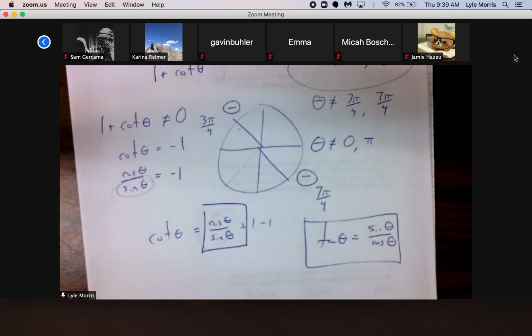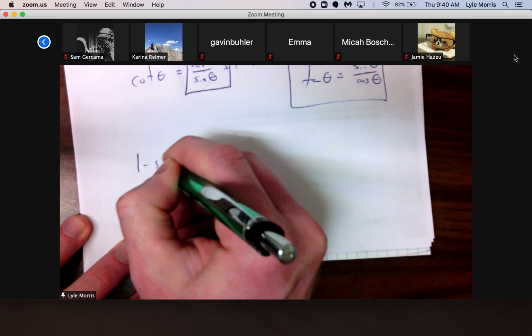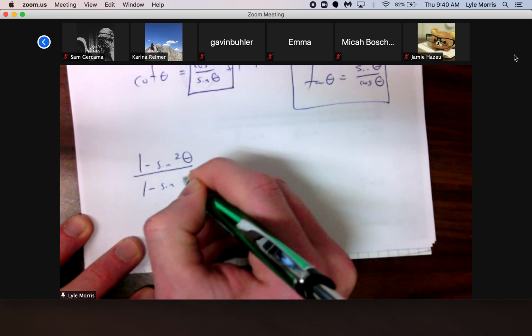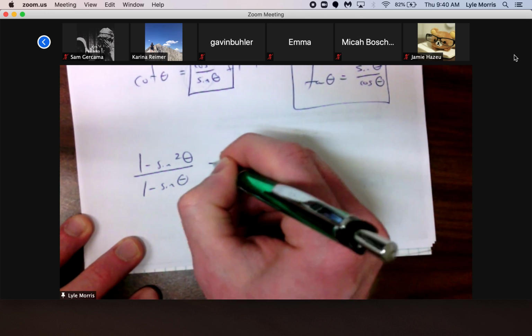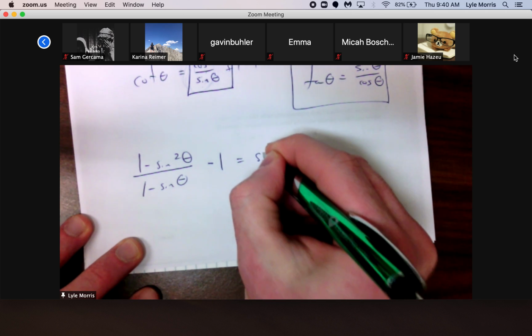So then what about for 3b, where the -1 is outside of the fraction? Then that doesn't affect it. All you're worried about there, in b, which is (1 minus sine squared theta) over (1 minus sine of theta), and then -1. This is totally unrelated to the fraction, so you can ignore it.